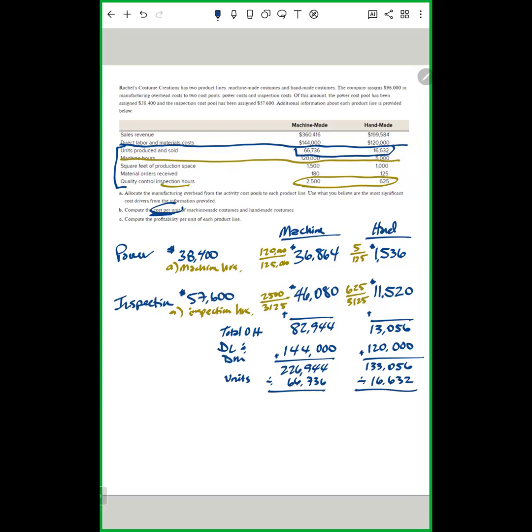All right, let's do that math. 226,944 divided by 66,736 is $3.40 per unit. And 133,056 divided by 16,632. It's a nice clean $8 per unit.